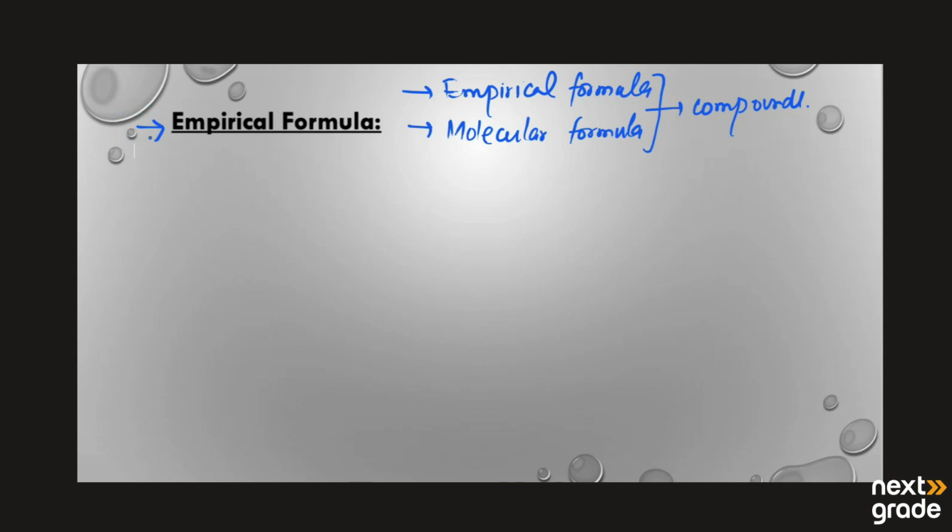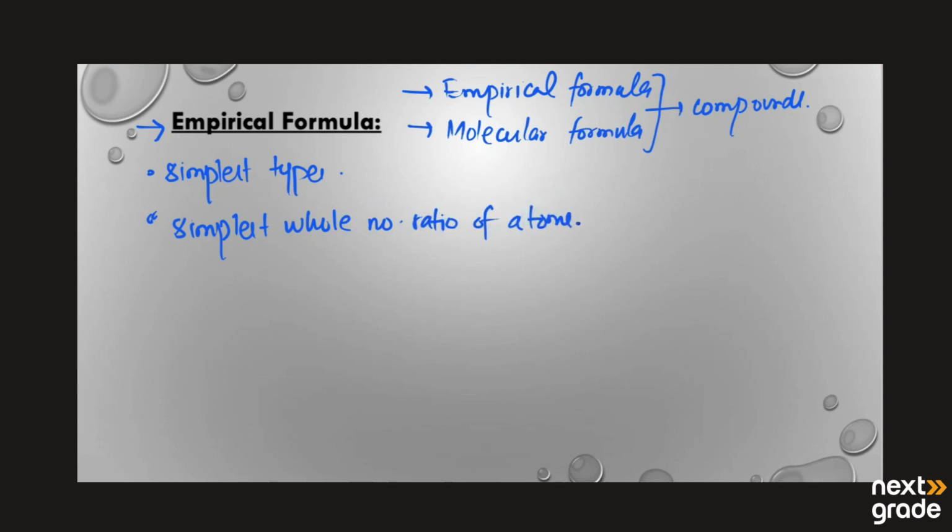The simplest type of formula is known as the empirical formula. By definition, it is the formula that gives the simplest whole number ratio of atoms present in the compound.